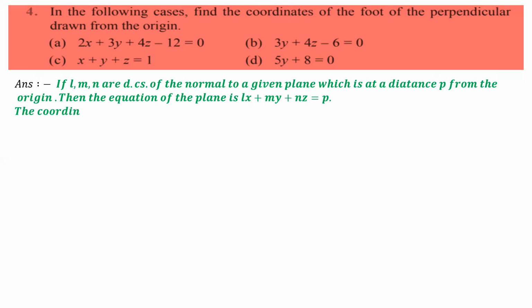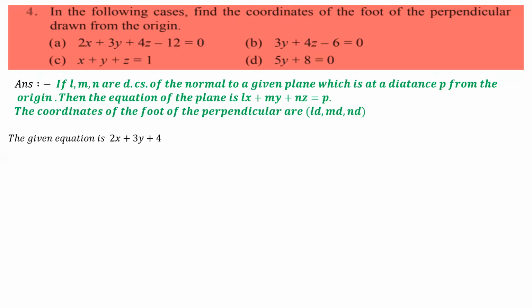So the coordinates of the foot of the perpendicular drawn from the origin are given by (ld, md, nd). So first find the normal form of the given equation.